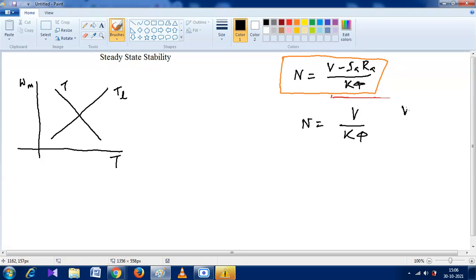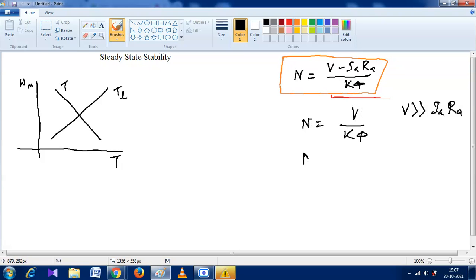Because V is much greater than IaRa, we can say that. Yes sir, so we can write N is proportional to V by K phi, and normally V is constant because normally the supply voltage is constant.